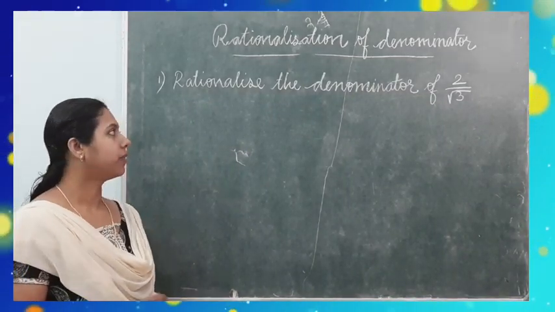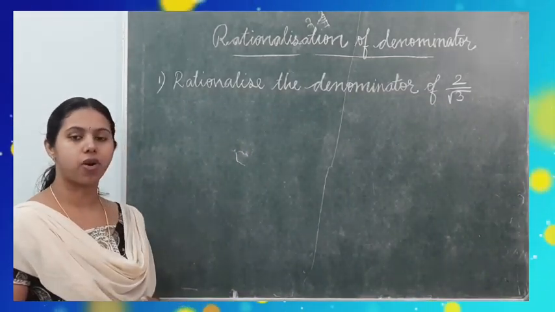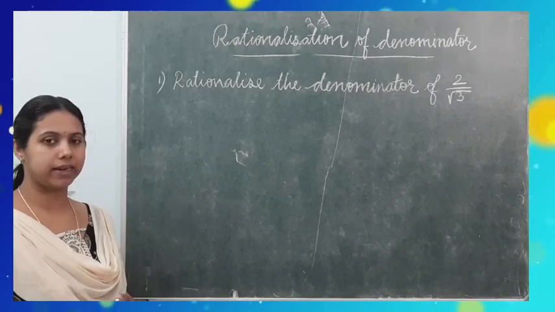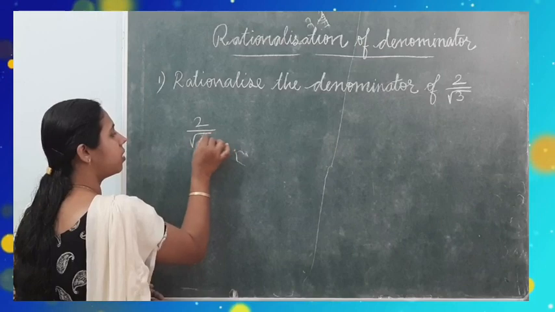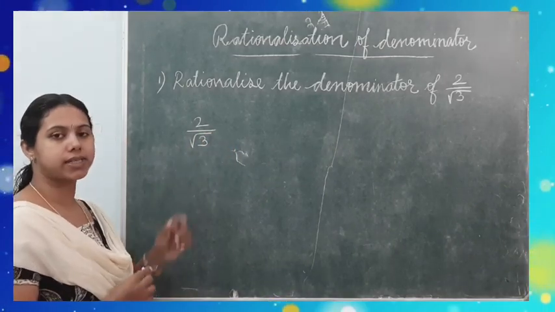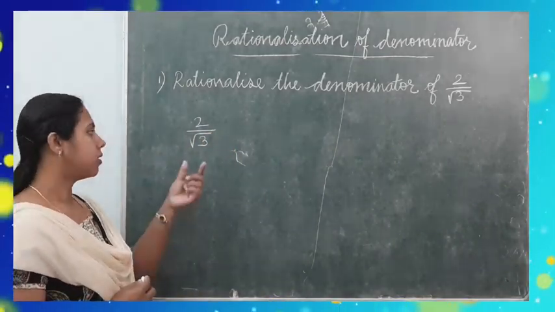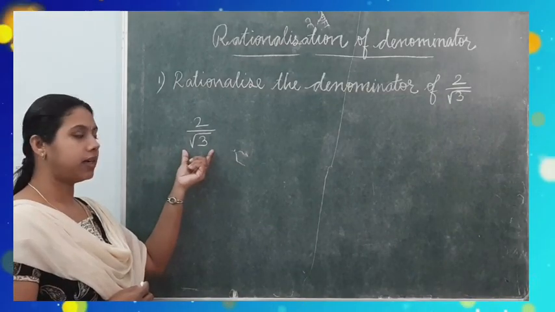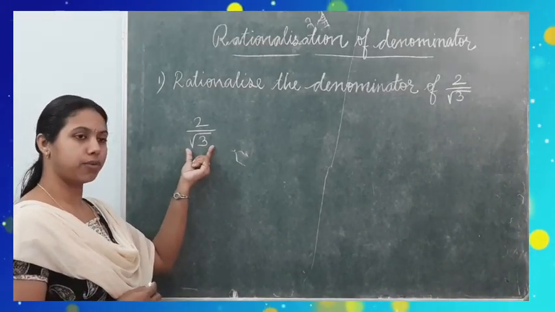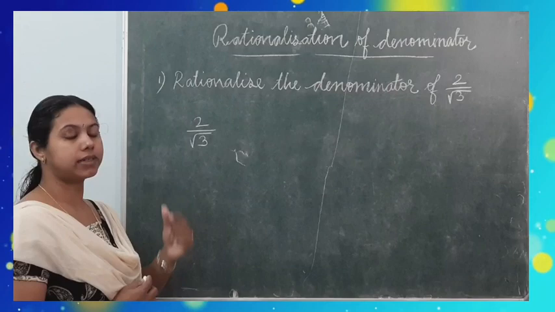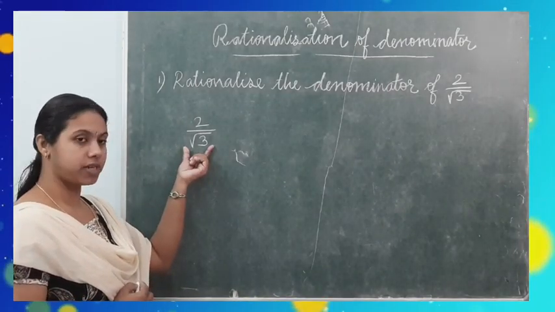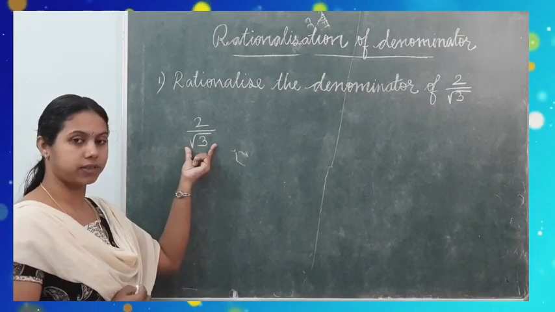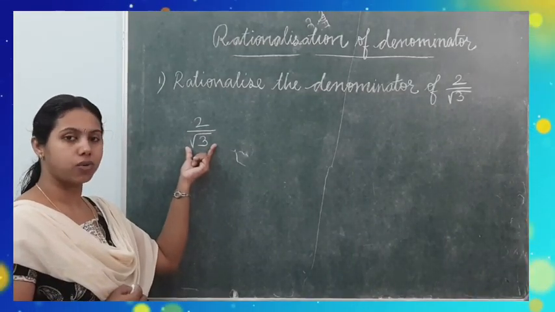Look at this question. Rationalize the denominator of 2 by root 3. So the number is 2 by root 3. We want to rationalize this denominator. So we know that if you multiply root 3 into root 3, we will get 3. So to rationalize the denominator, the rationalizing factor of 1 by root 3 is root 3.